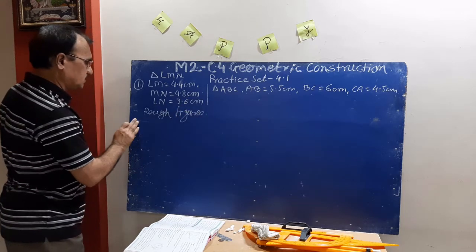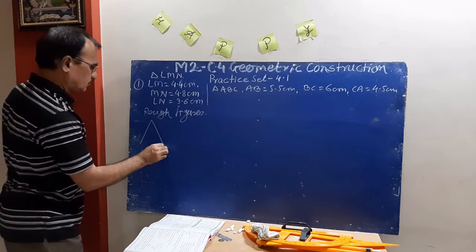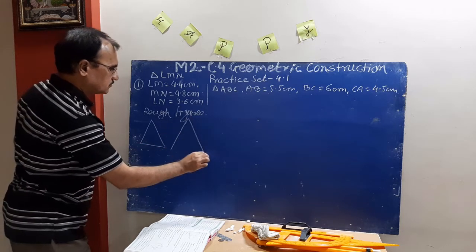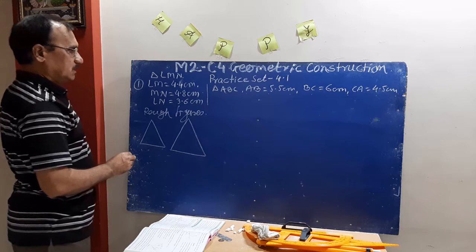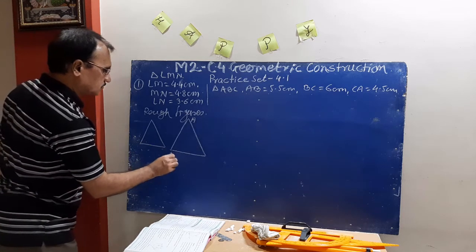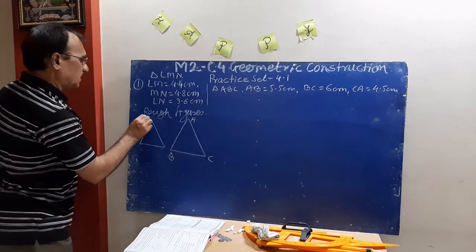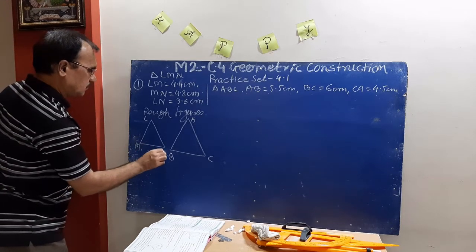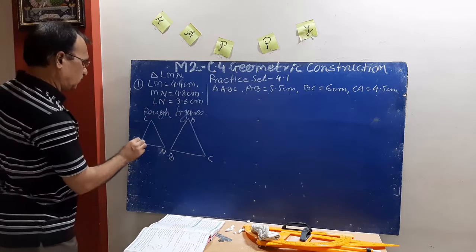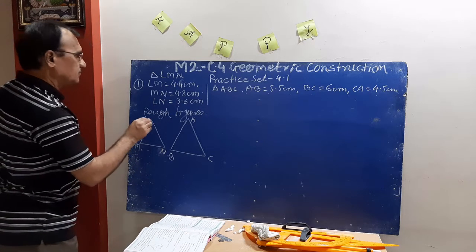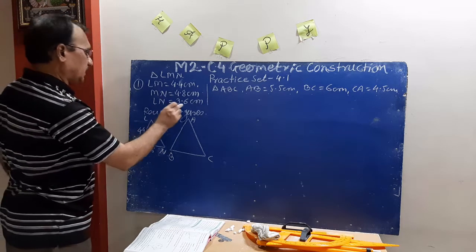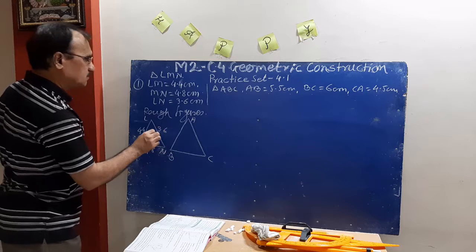These are the rough figures. Triangle ABC and triangle LMN, LM 4.4, MN 4.8 and LN 3.6.